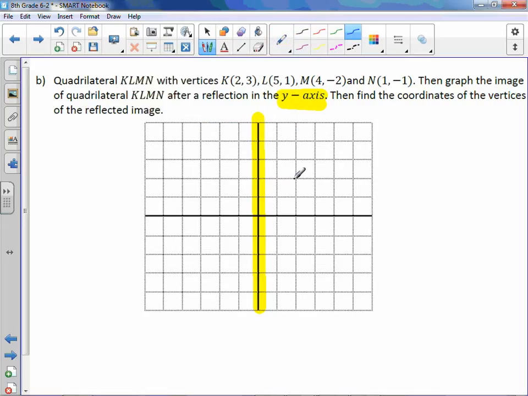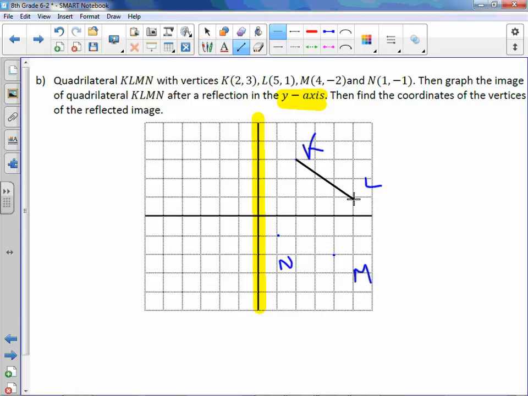K is (2, 3). L is (5, 1). M is (4, -2). And N is (1, -1). Go ahead and connect those points.